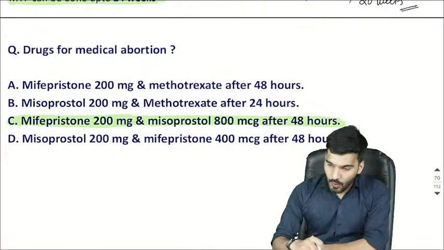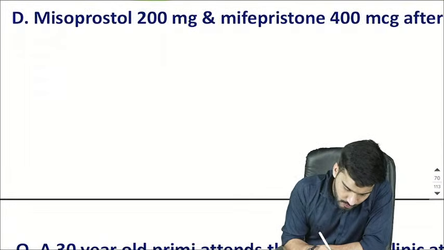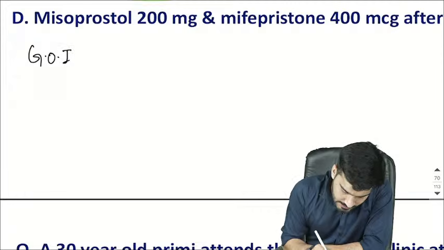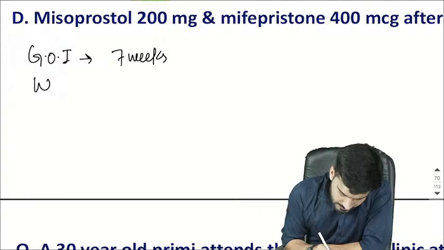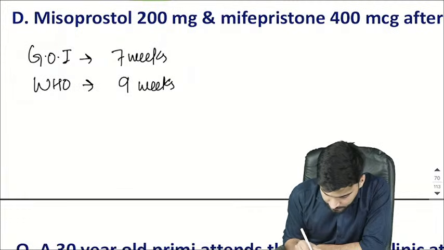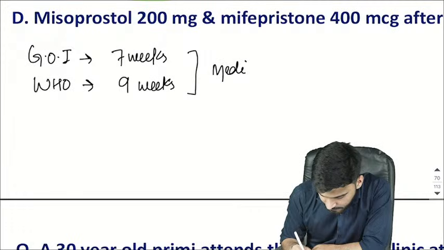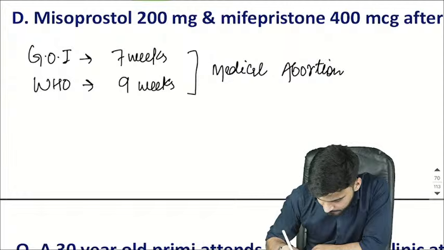Now remember that first of all, the government of India says we can go up to 7 weeks, and WHO says you can go up to 9 weeks. Remember this information. This is for medical abortion.